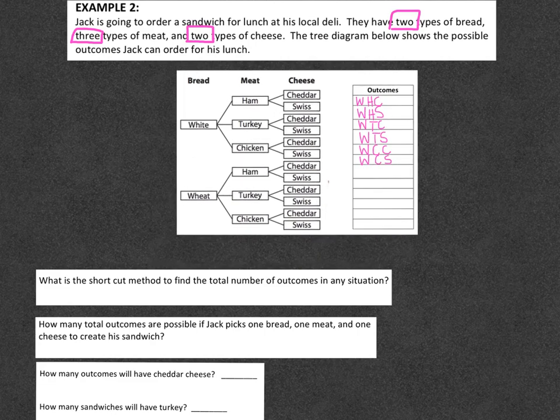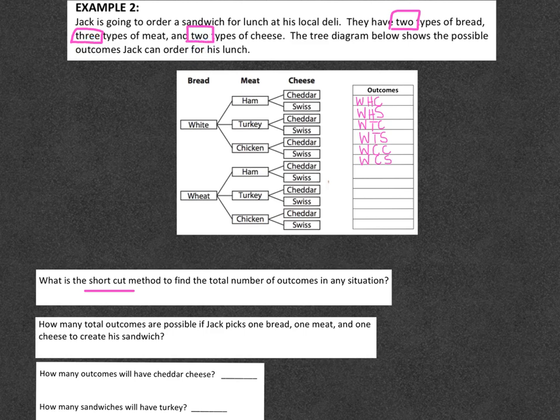The questions below, it says, what is a shortcut method to find the total number of outcomes in any situation? So the shortcut method is just find out how many there were in each category. So I have, again, 2 types of bread, 3 types of meat, and 2 types of cheese.